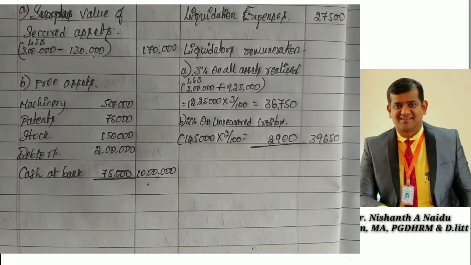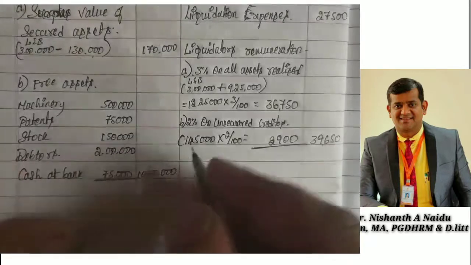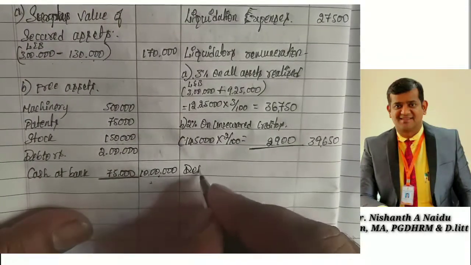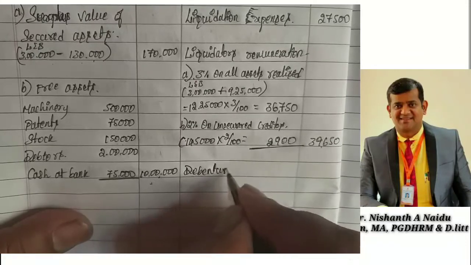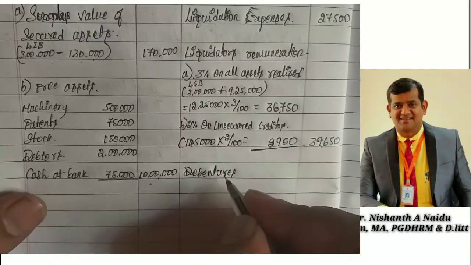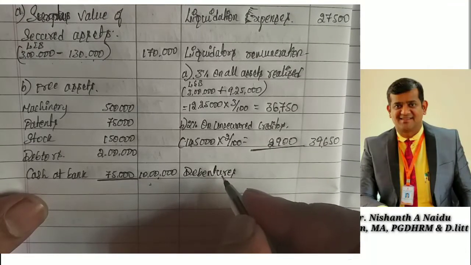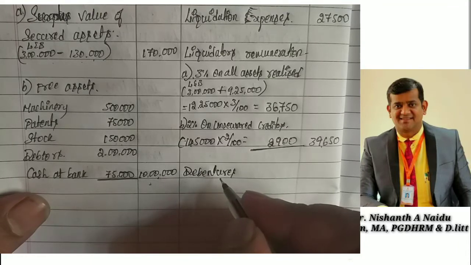Okay. So now let us clear other liabilities. So first we are going to clear debentures. So now write down debentures. How much is the debenture value given in the problem? 5% mortgage debenture 3 lakh rupees.